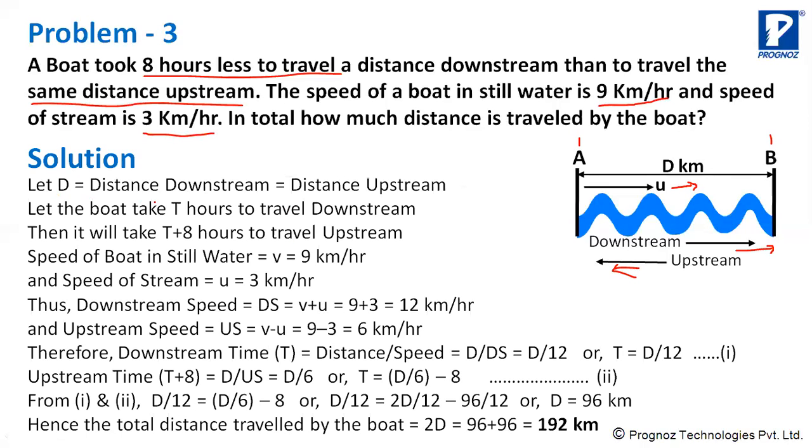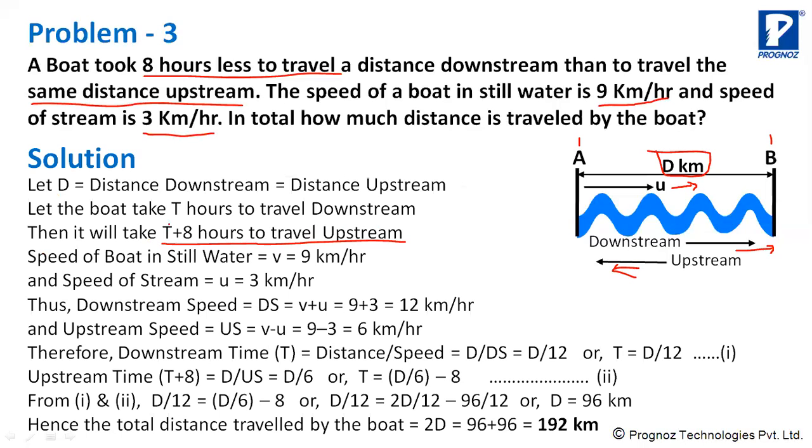Let d be the distance downstream, which is equal to the distance upstream. That d is given here. This is our d. Let the boat take t hours to travel downstream. Then it will take t plus 8 hours to travel upstream. Now this is important because it takes 8 hours less to travel the same distance downstream than upstream.